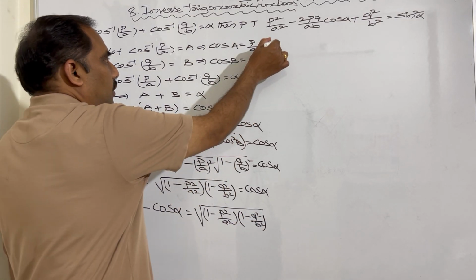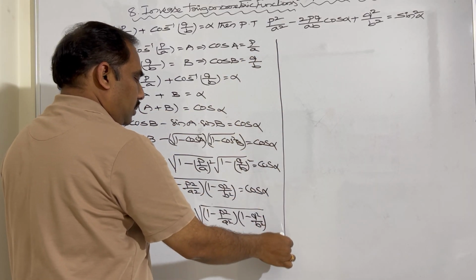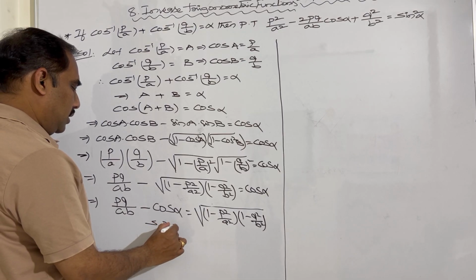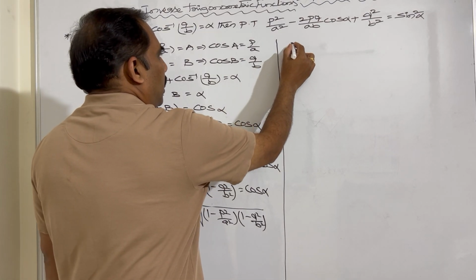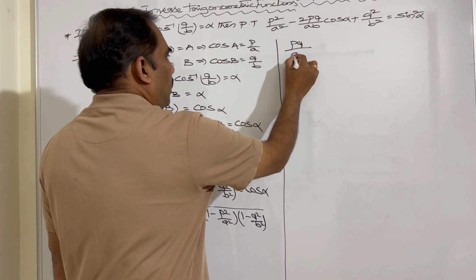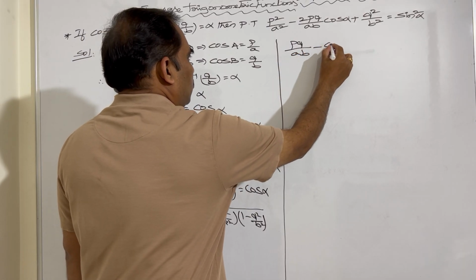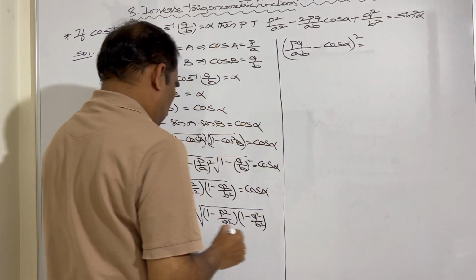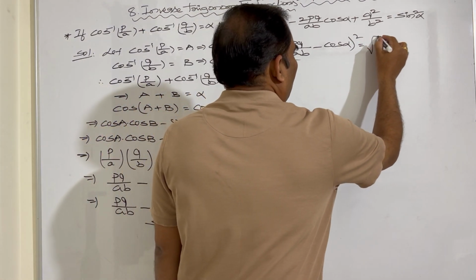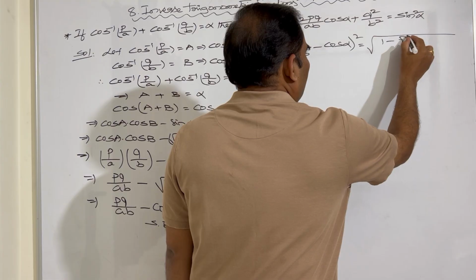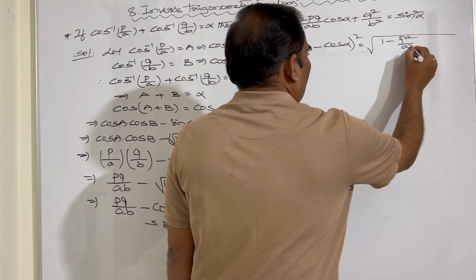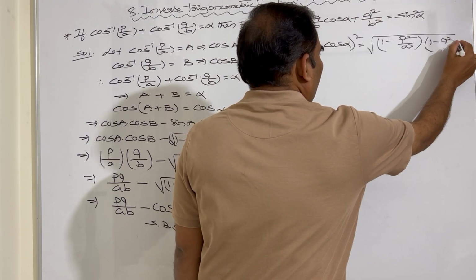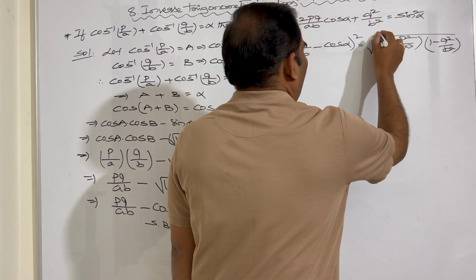Then we can do squaring on both sides. Squaring, we get pq by ab minus cos alpha whole square is equal to root over 1 minus p square by a square into 1 minus q square by b square, whole square.